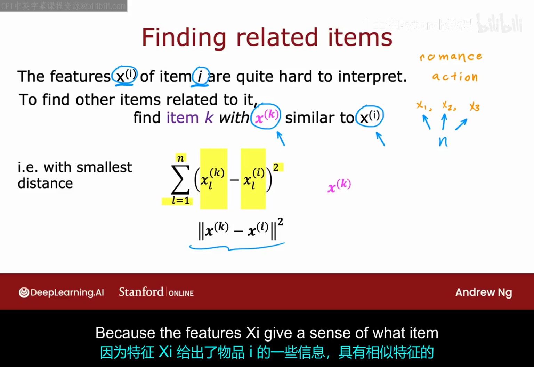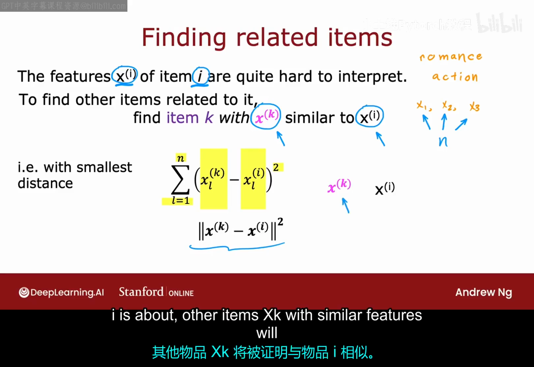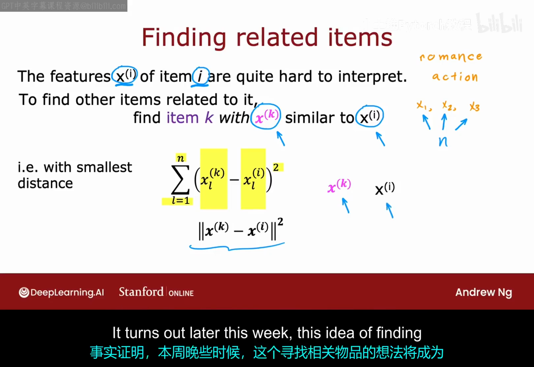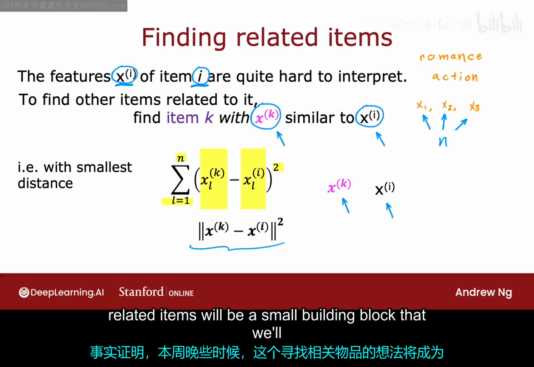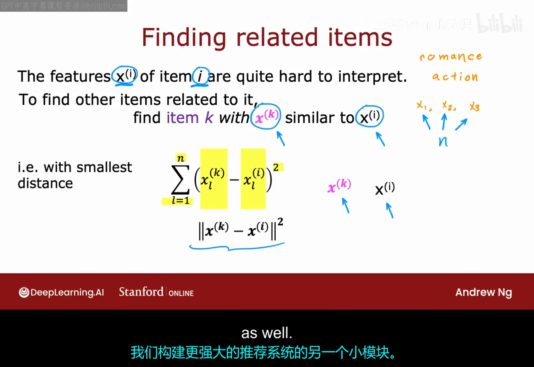Because the features xi give a sense of what item i is about, other items xk with similar features will turn out to be similar to item i. Later this week, this idea of finding related items will be a small building block that we'll use to get to an even more powerful recommender system as well.